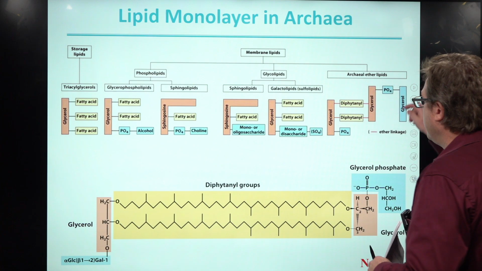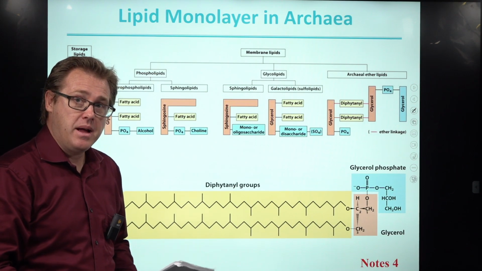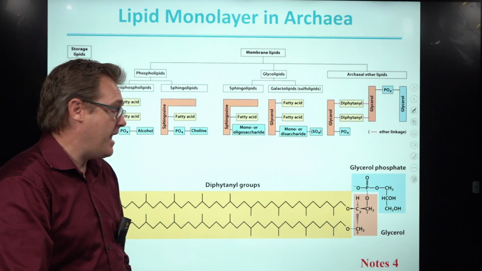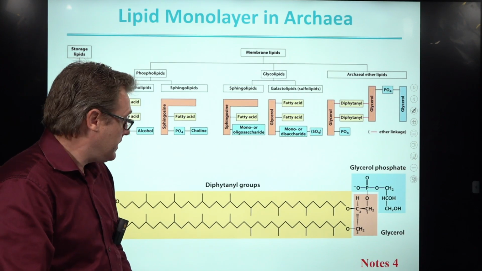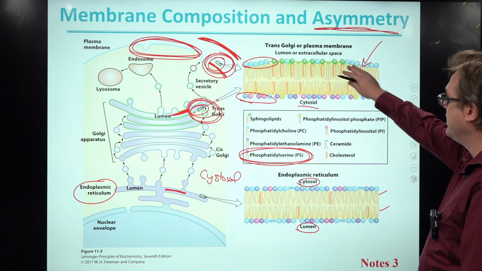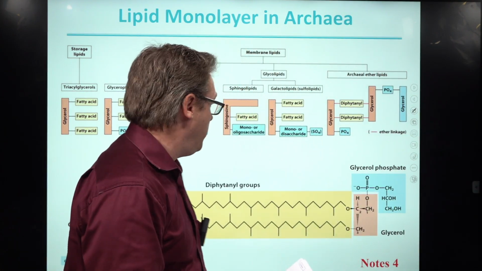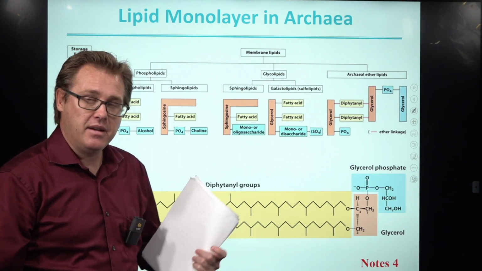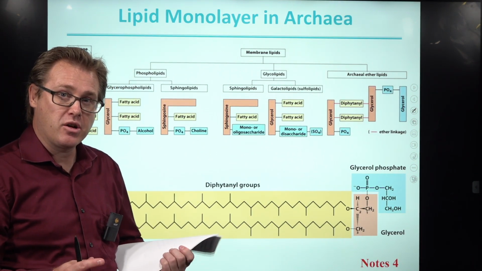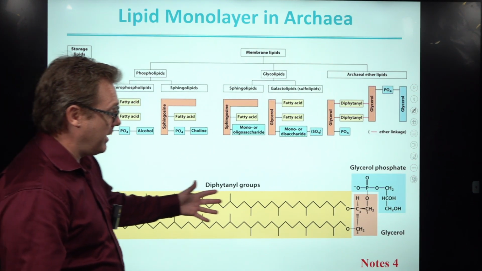Go to the next slide here. So I talked about this in my previous videos, but I feel it's really important just to highlight it and remind everyone about this. Okay. So we've been looking at these bilayers, right? There's two, but in some species of Archaea, species that live in extreme environments, their membranes aren't going to be bilayers, they're going to be monolayers, because we have these types of ether lipids right here.